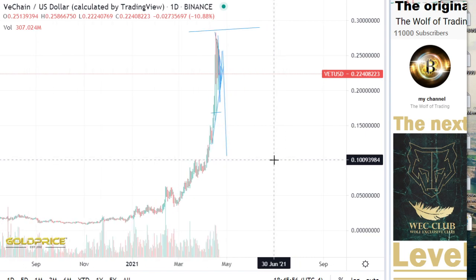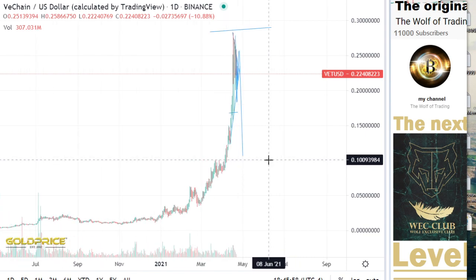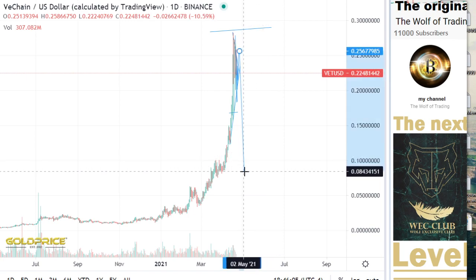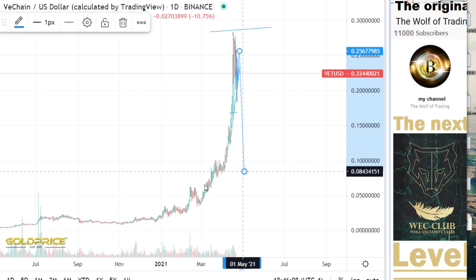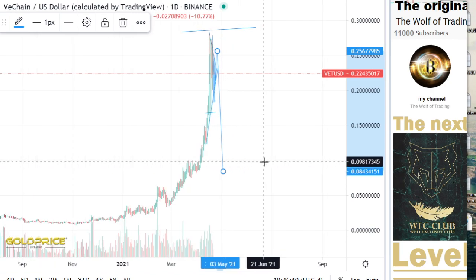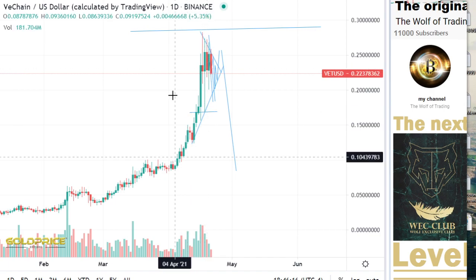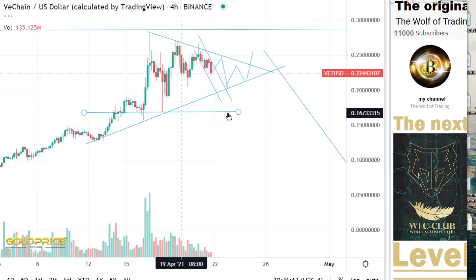Let's look more at the near term. It would not be so bad if the price comes back to these levels. Let's look, because this was a very huge movement.